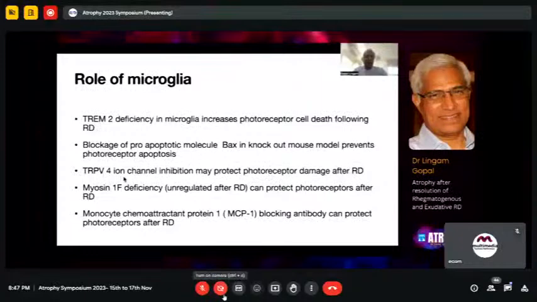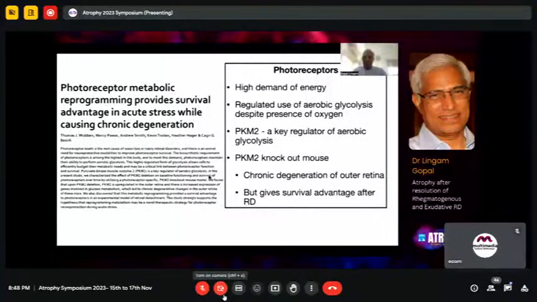Similarly, inhibition of TRPV4 ion channel can protect the photoreceptor damage, while myosin 1F deficiency can protect photoreceptor damage because it's upregulated after detachment, and hence downregulating it can protect photoreceptors. Antibodies against MCP1 can also protect photoreceptors after detachment.